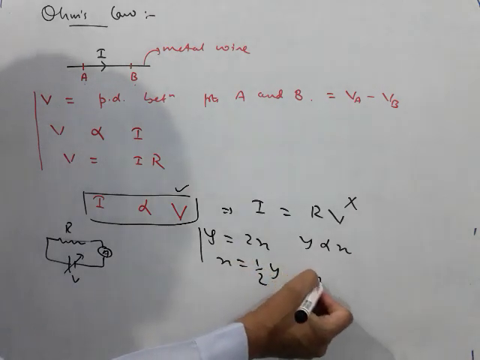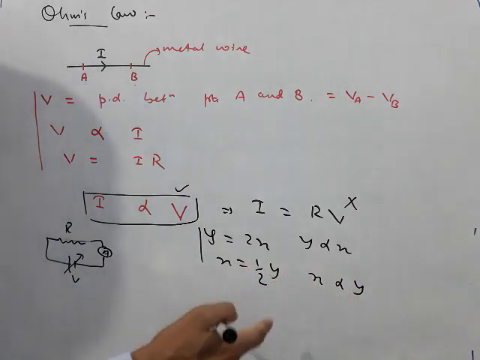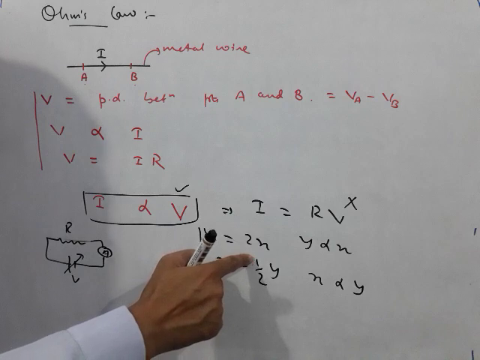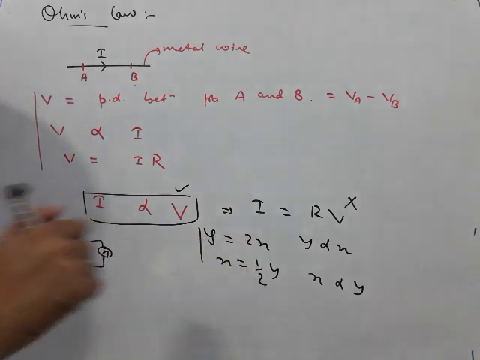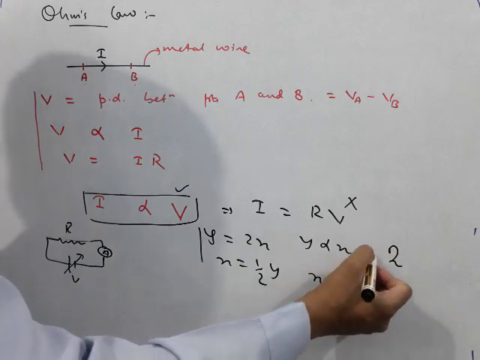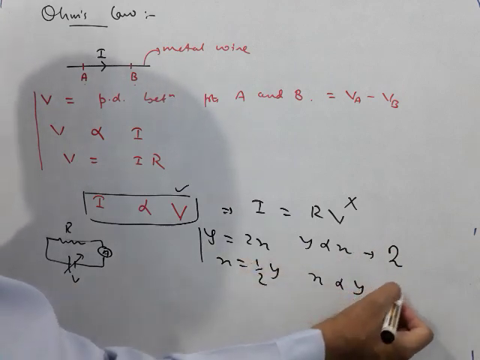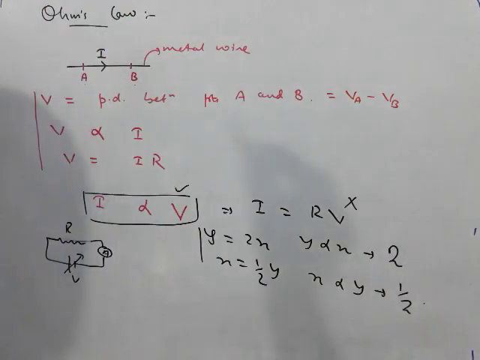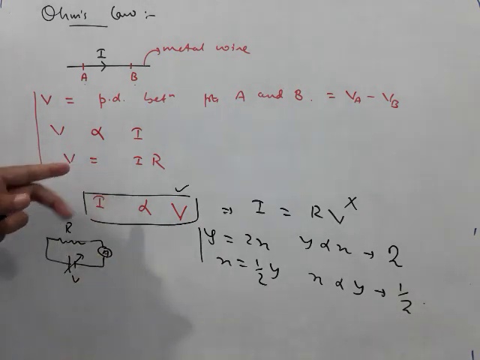Here we will write x proportional to y, but the proportionality constant is not 2, it is 1 by 2. So here the proportionality constant is 2, and here the proportionality constant is its reciprocal, that is 1 by 2. This same thing has to be applied in this particular context.